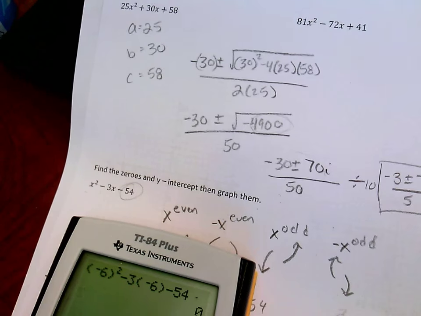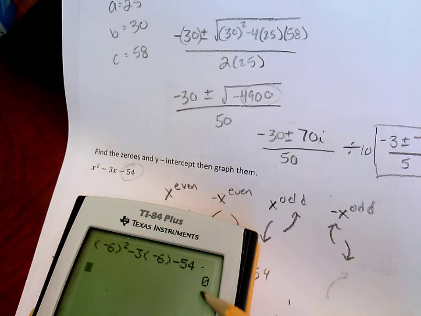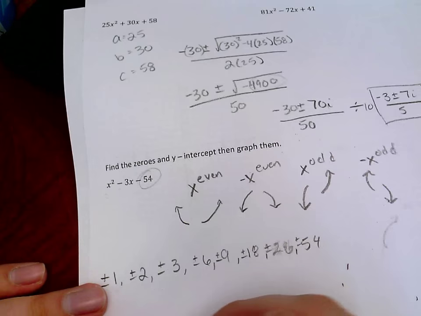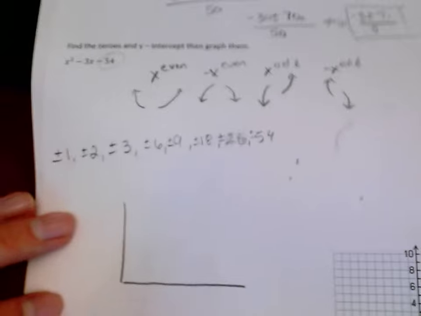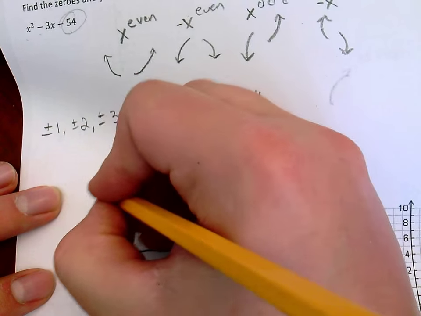What you'll notice is that this comes out as a 0. That's what we're looking for, is something that will make it 0. So that will make it 0, so I'm going to do that. So I'm going to put -6 right here.